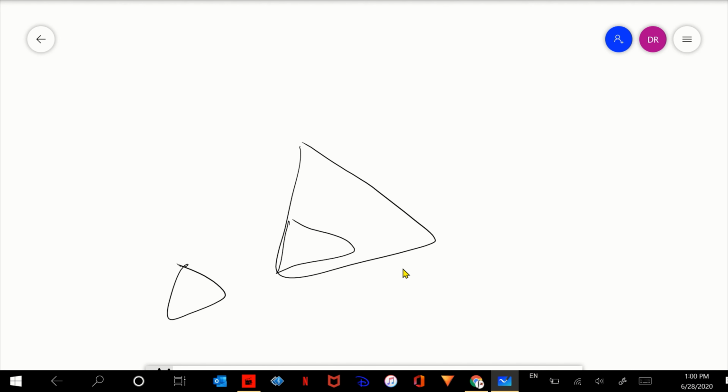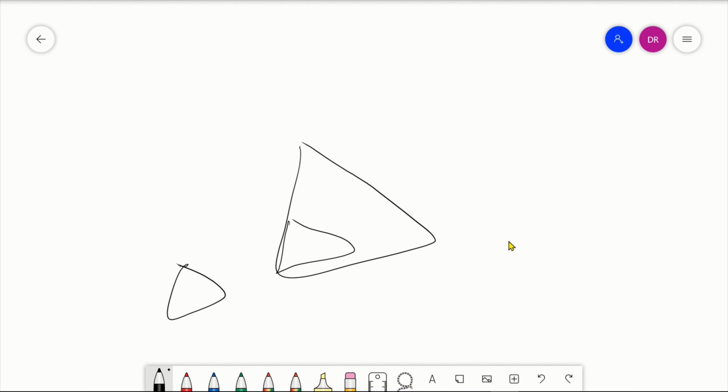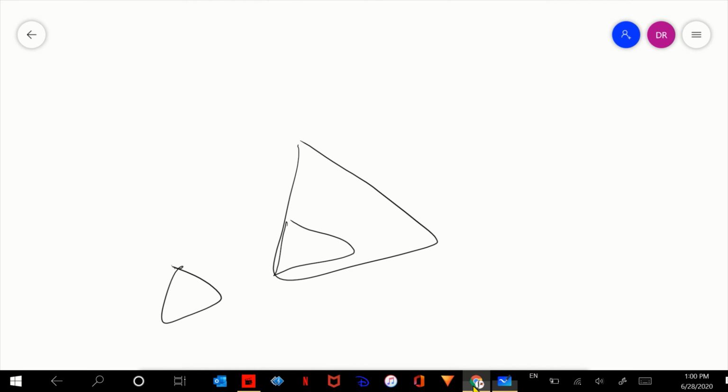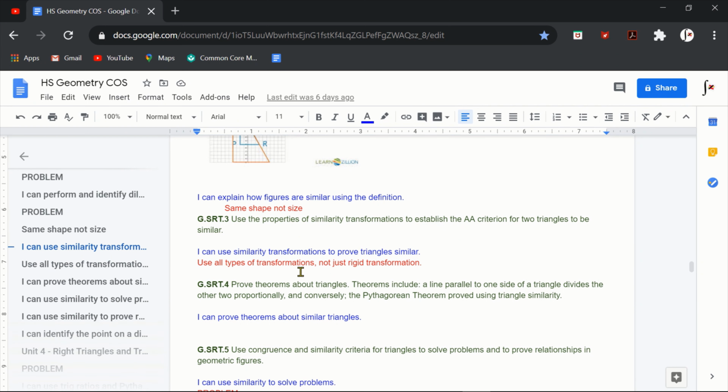If you use all rigid transformations, then they would be congruent. If you use a dilation, then they would be similar, but if you use a vertical stretch, they would be neither congruent nor similar.